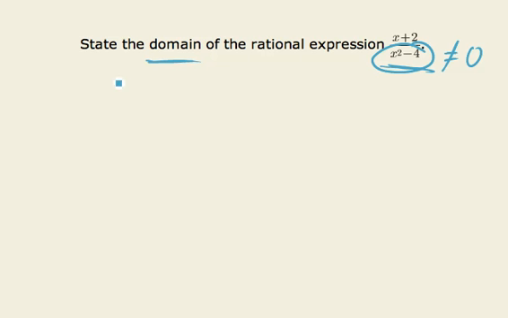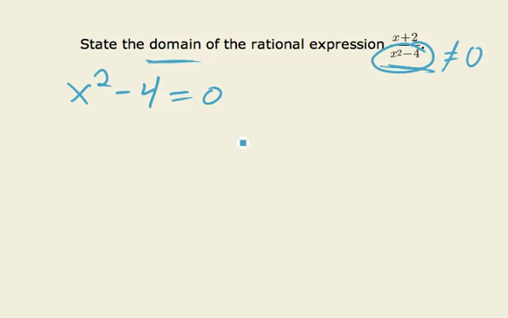So I'm going to answer this domain question by answering the opposite question: what values are not in the domain? So I'd like to find out when x squared minus 4 equals 0. Those are all the x values that I'm going to throw out of the domain. I'm going to keep every x value except for the ones that solve this equation, because those are the times when x squared minus 4 is not equal to 0.